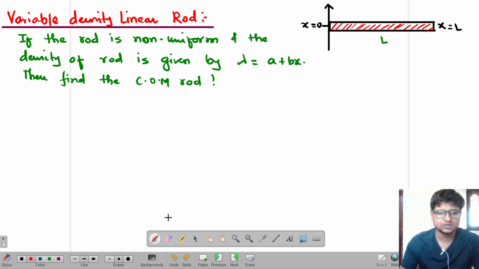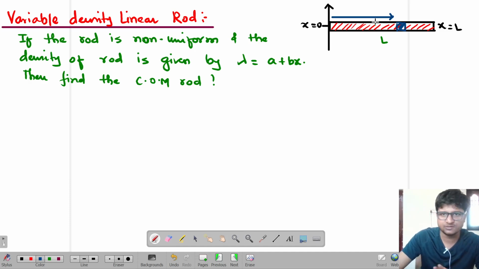So how to define the total mass? That's a big question. So let's suppose this is my rod and I consider a position. Here the density is itself varying, so we cannot determine it easily.